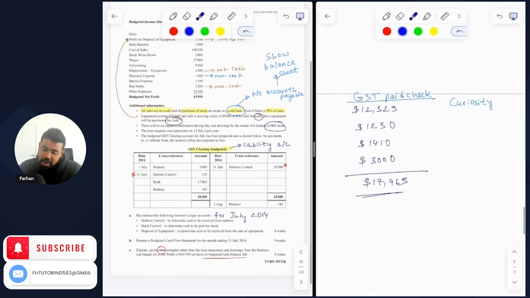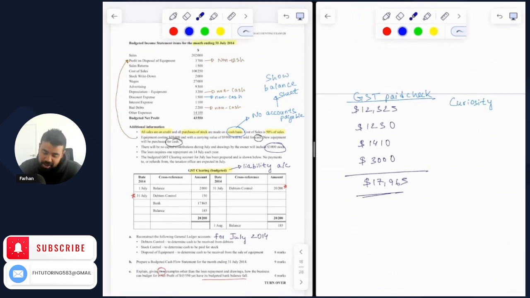I was just curious regarding calculating the GST that we have paid in cash, which is what you can see here, given for the month ending 31 July to be $70,865. This is not really a requirement for the question, but I don't get 70,865, but 70,965. You don't need to worry about it, but let me just quickly run you through this. So how did I find 12,325?